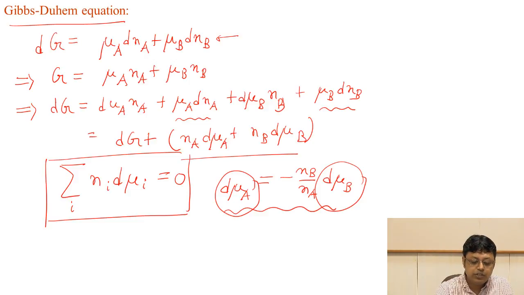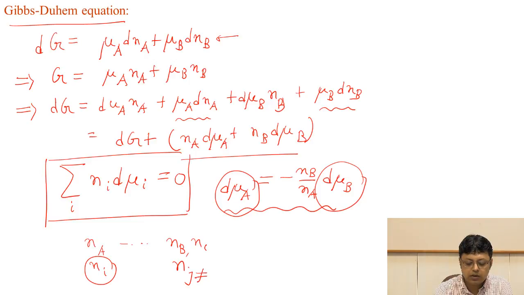However, you could change the mole fraction. Remember, we changed the mole fraction of A, keeping all other mole fractions constant, NB, NC, whatever. So we said that we can change Ni, keeping all the Nj's constant where j is not equal to i. And then we can study how the Gibbs free energy or any thermodynamic quantity is changing.